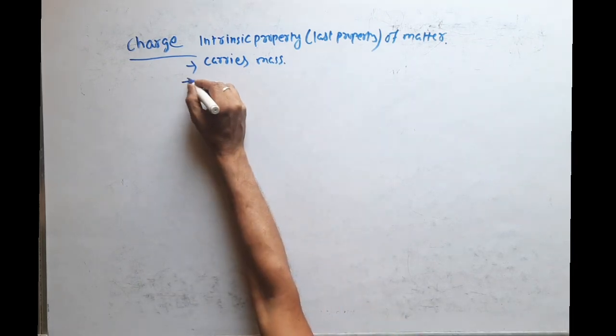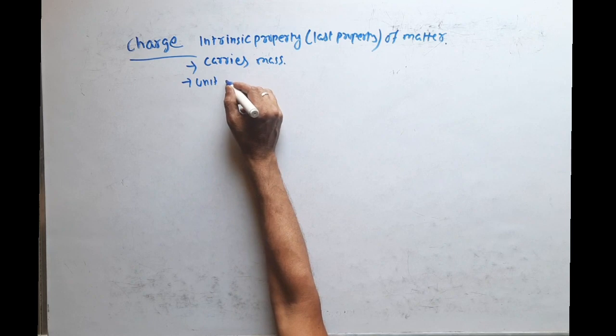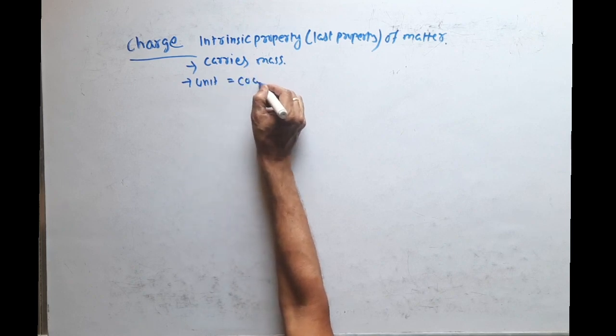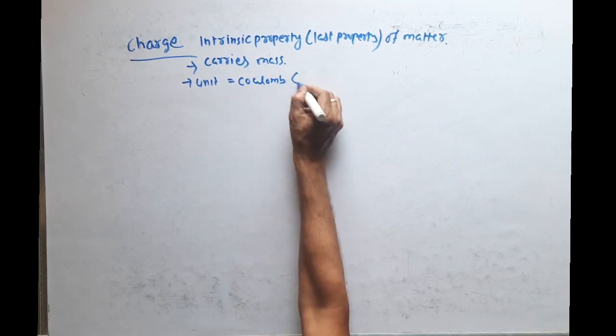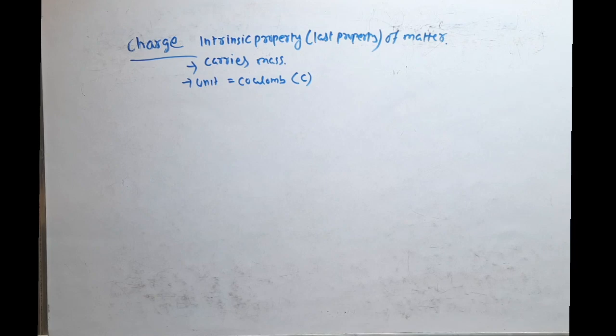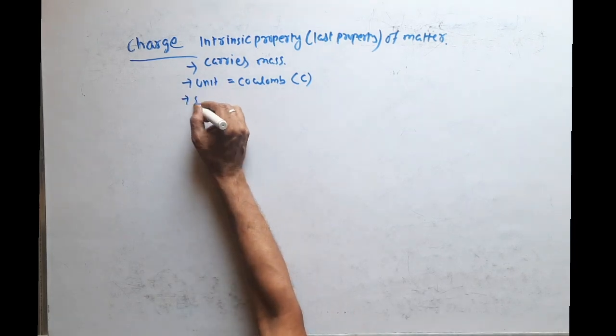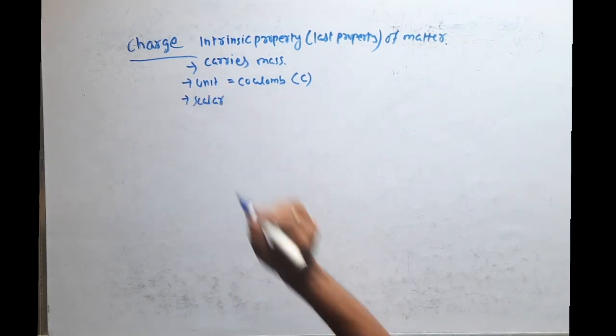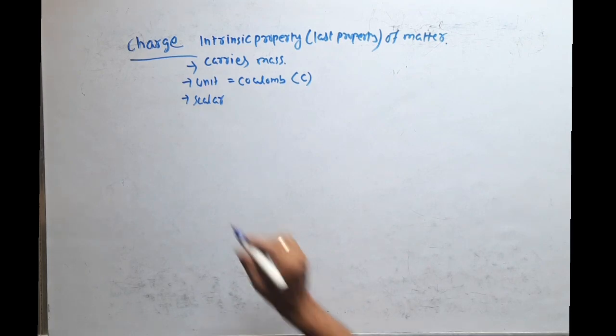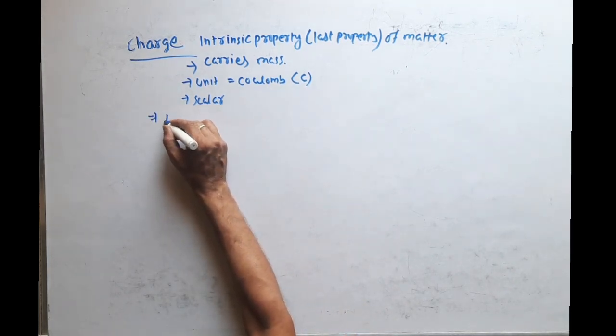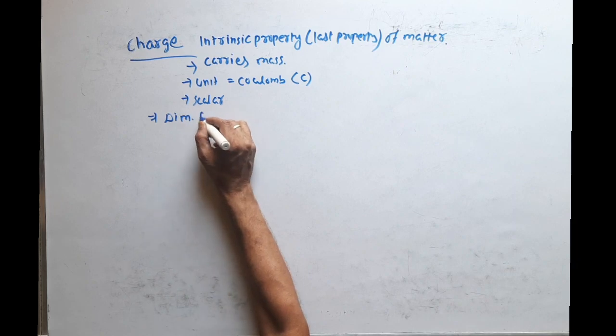And what is the unit of charge? The unit of charge is Coulomb, abbreviated by C. And charge is a scalar quantity. It has no direction. And what is the dimensional formula of charge?